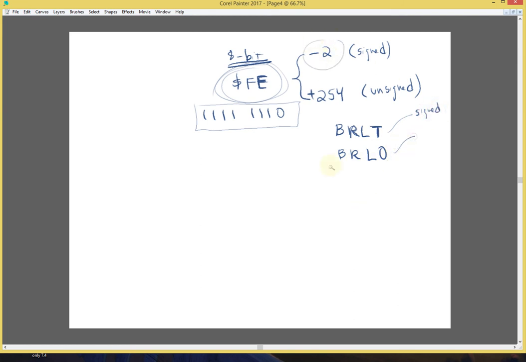And this instruction will do the same operation, but it will treat the number as an unsigned number. So that's up to you how you choose to treat the number. The microcontroller doesn't care.